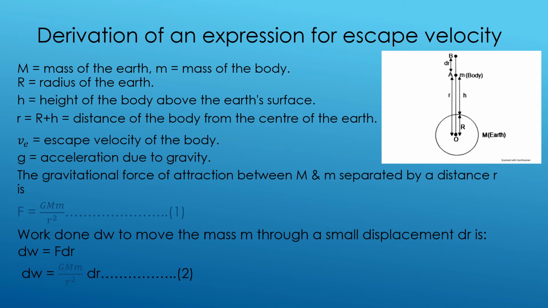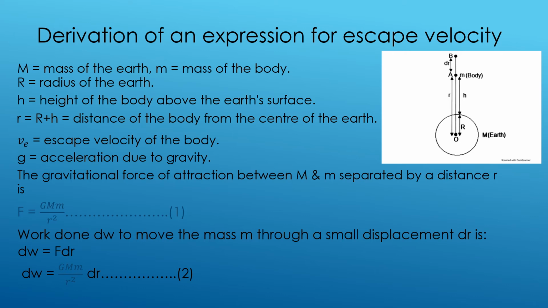Next, VE is the escape velocity of the body, and small g is the acceleration due to gravity. The gravitational force of attraction between capital M and small m, separated by a distance small r, as you can see in the diagram.